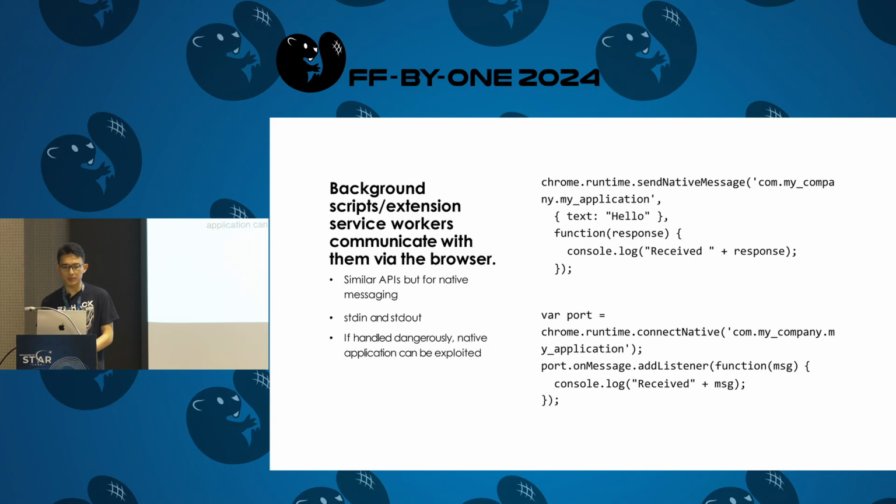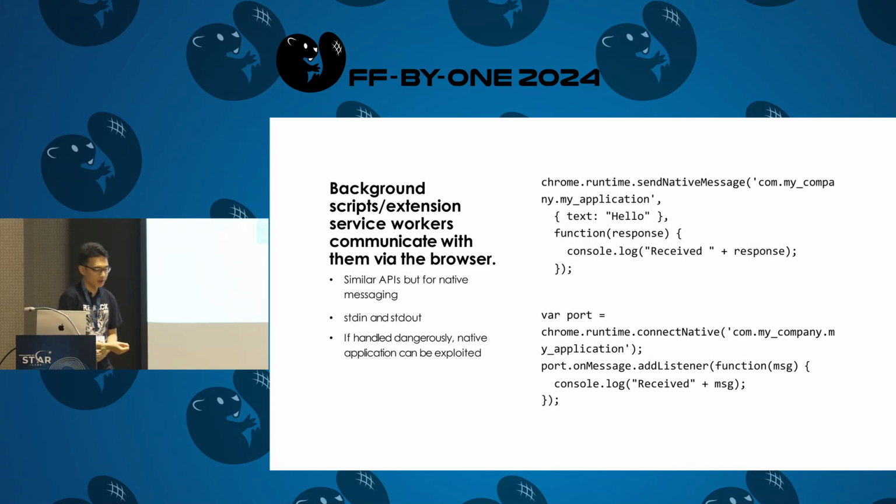In this case, we'll see a very simple pattern, again from the Chrome documentation. This is running in your background script or your service worker, so in the browser extension context, not the content script. It will send a message to the host with your text, and it will also be able to listen to receive the output from your native host application.